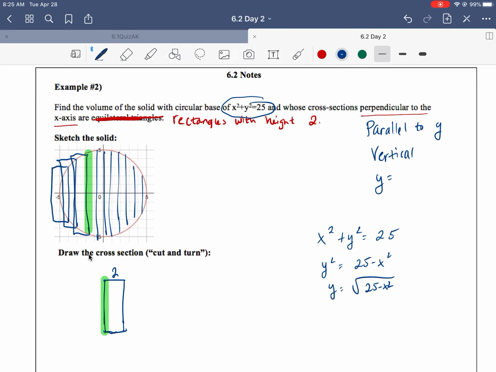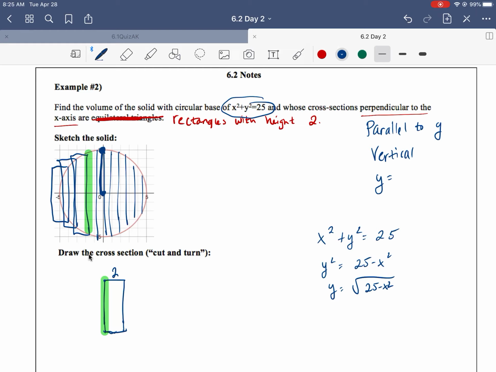Okay, this is the part where the symmetry comes into play. Anytime you have a y equals or an x equals equation, that is the distance from, you could always use the origin, but you don't have to, but from the axis up or over to the corresponding coordinate. So because it's a y equals, it's up. Right, so for example, if x was 0 here, and the location that I just drew that line, then y would equal square root of 25 minus 0, so y would equal 5.